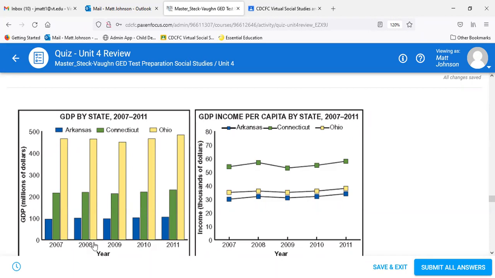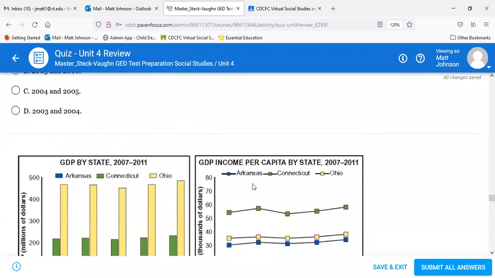Now we see GDP income per capita by state. So looking at that based on the individual, right? When you see per capita, that's basically per person. They often use that a lot with murder rates. We think of a city like Chicago, where there's a lot of violent crime.